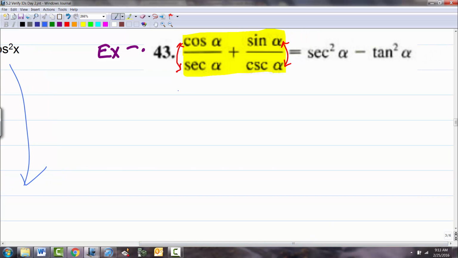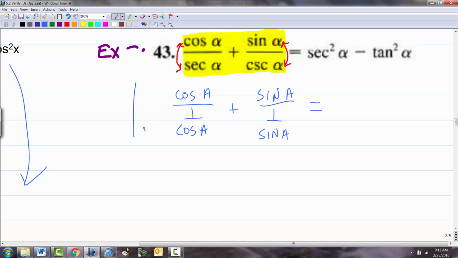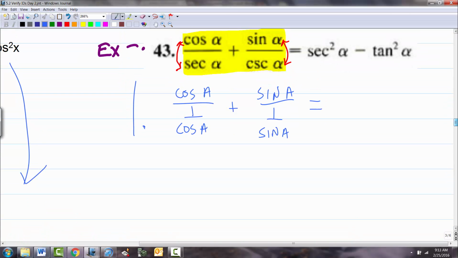Did you know that secant is what? What's secant? 1 over cosine. Did you know cosecant is what? And then those that are fractionally challenged, yeah, I say it, I get mean, then this is what you'd have to write next.